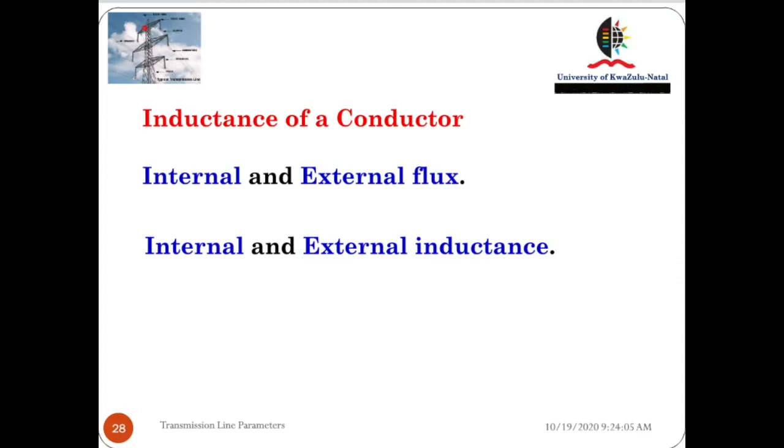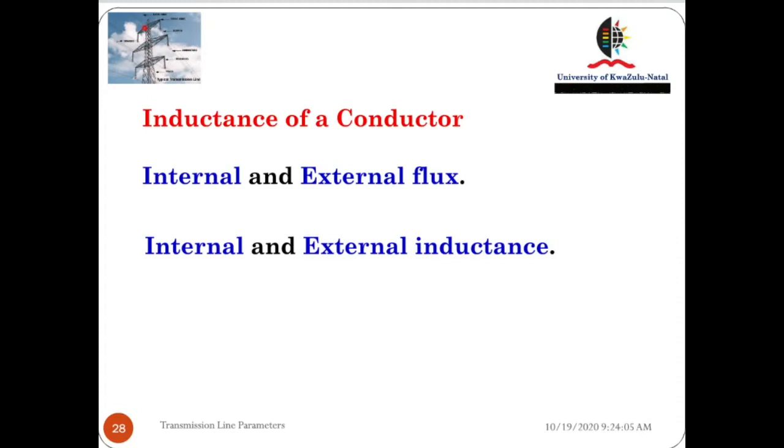And now, how are this internal flux and this external flux different? The internal flux is present inside the conductor due to the flow of current of I ampere. And this flux actually does not link with the whole of the current in the conductor, but only a fraction.